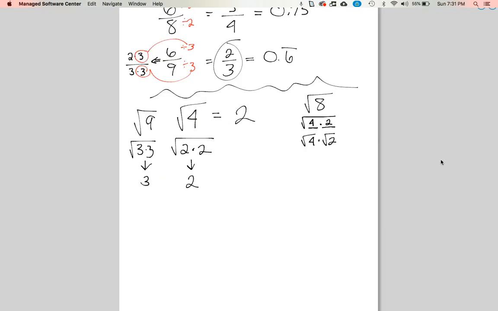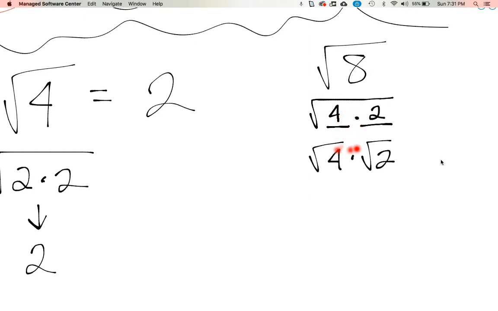So when you're ready, you guys can skip these steps and just say the square root of 4 is just 2. And that square root of 2 is left there. So we say that's 2 radical 2.